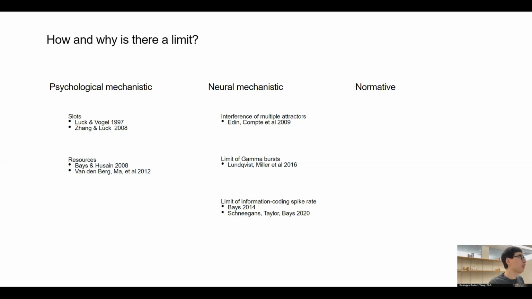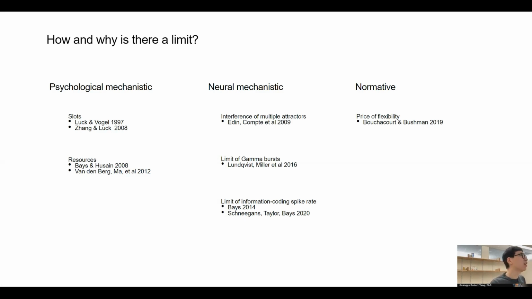So there is one normative idea out there, which is that working memory is important for flexibility. I want to acknowledge that this is one idea that's really influential for us. And we also started wanting to test this idea.